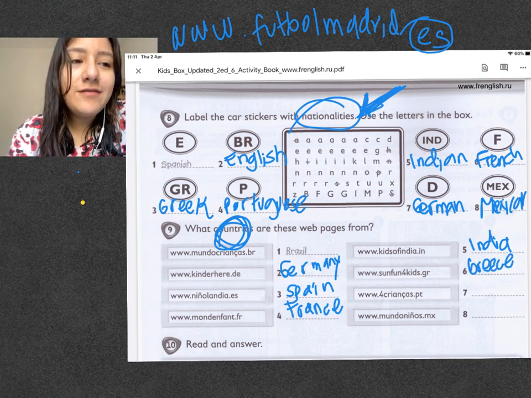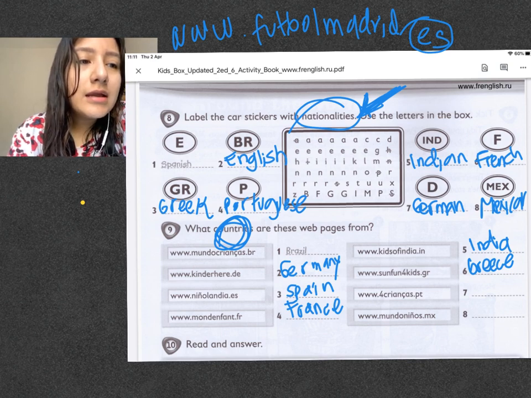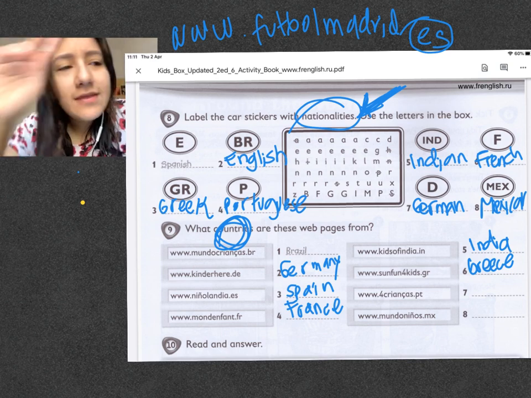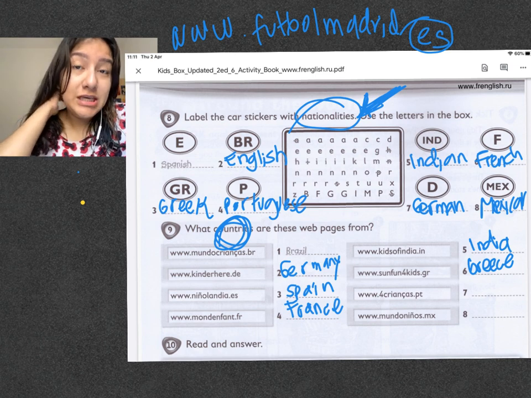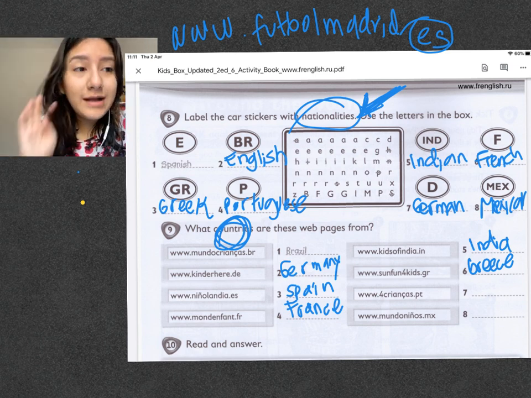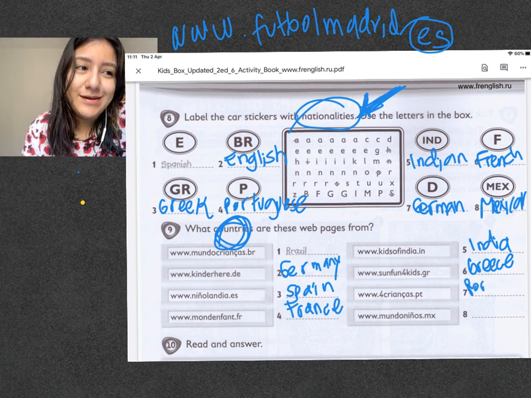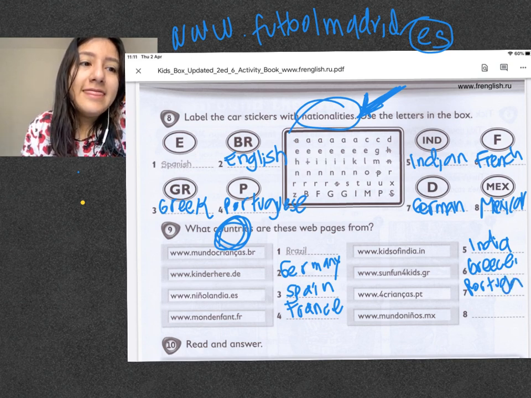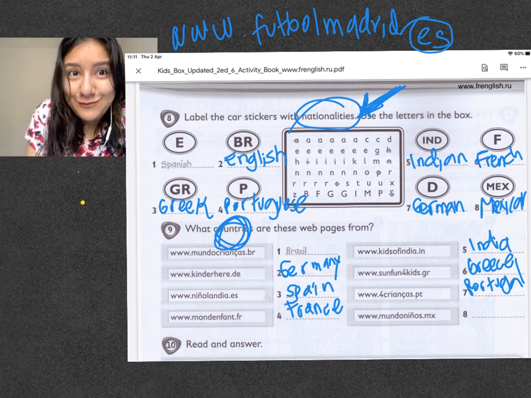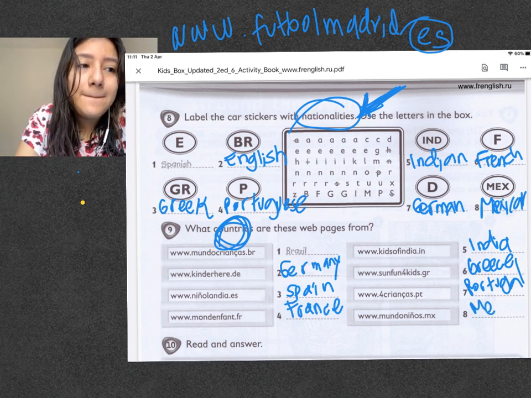Then number 7, for crianzas, that PT is for Portugal. So let's write it, Portugal. And then the last one, Mundo Niños, that MX, well, MX is for Mexico, so we put Mexico.